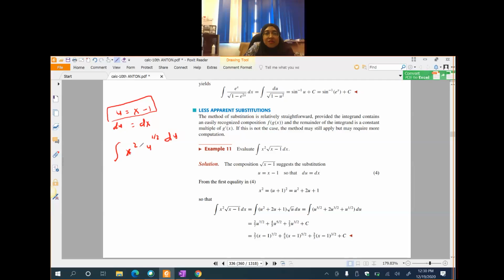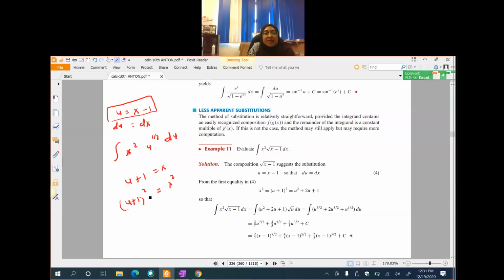So if we want to get rid of this x squared, we want to transform it so that it is in terms of u. So your u plus 1 is equal to x, so x squared will be equal to u plus 1 squared.